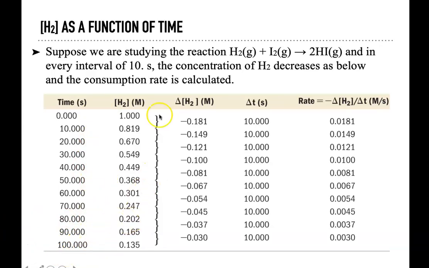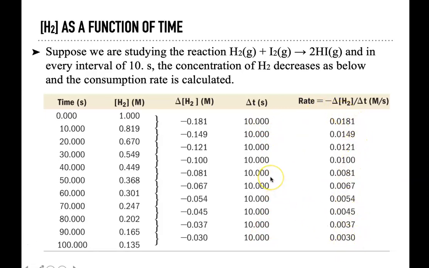We measure the hydrogen concentration, then we can calculate the difference: 0.819 minus 1, 0.670 minus 0.819, and that way we can calculate the difference for each time period. We can calculate the rate for each interval.